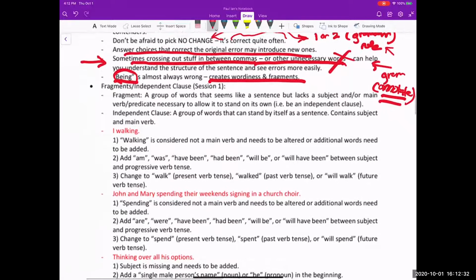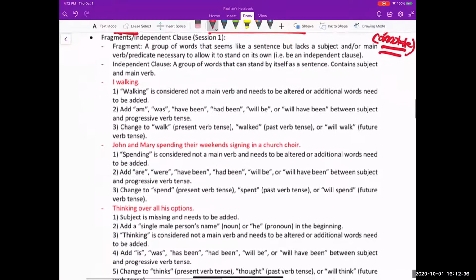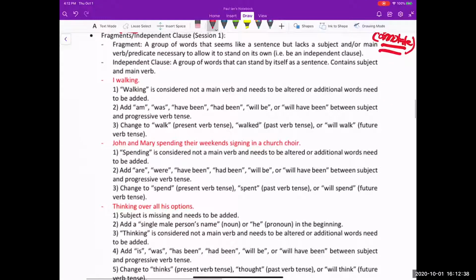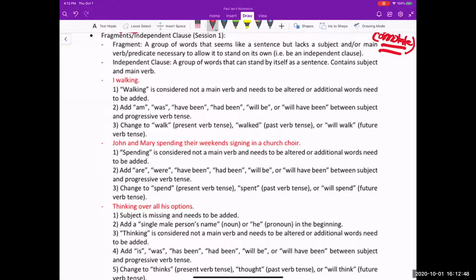For these ones, I'll cover them just to talk about it. You've heard of fragments and independent clauses? Yeah. Okay, maybe we'll go through them, and then I'll ask you something. Just to define it, a fragment and an independent clause are kind of similar.